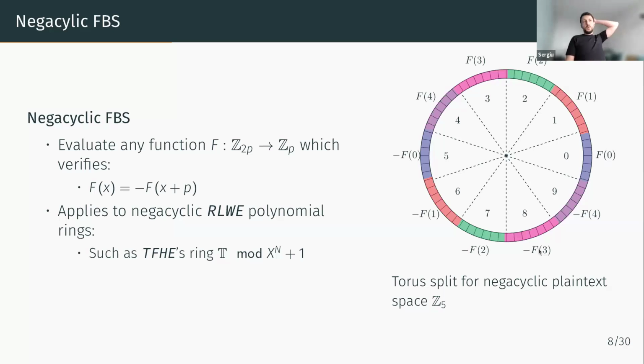So this is the drawback of negacyclic functional bootstrapping, but it allows us to increase the plain text space for free.